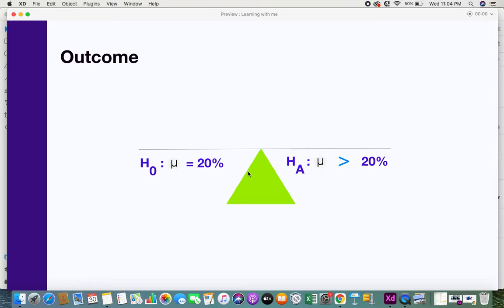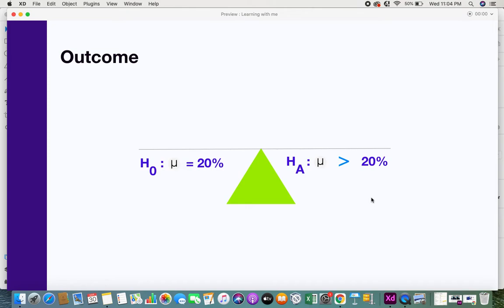So here, H naught: mu is equal to 20% is your null hypothesis, and H alpha: mu is greater than 20 is going to be your alternate hypothesis. So let's say the researcher starts collecting data and starts checking what type of results it is trying to portray, or based on the data what results come up.